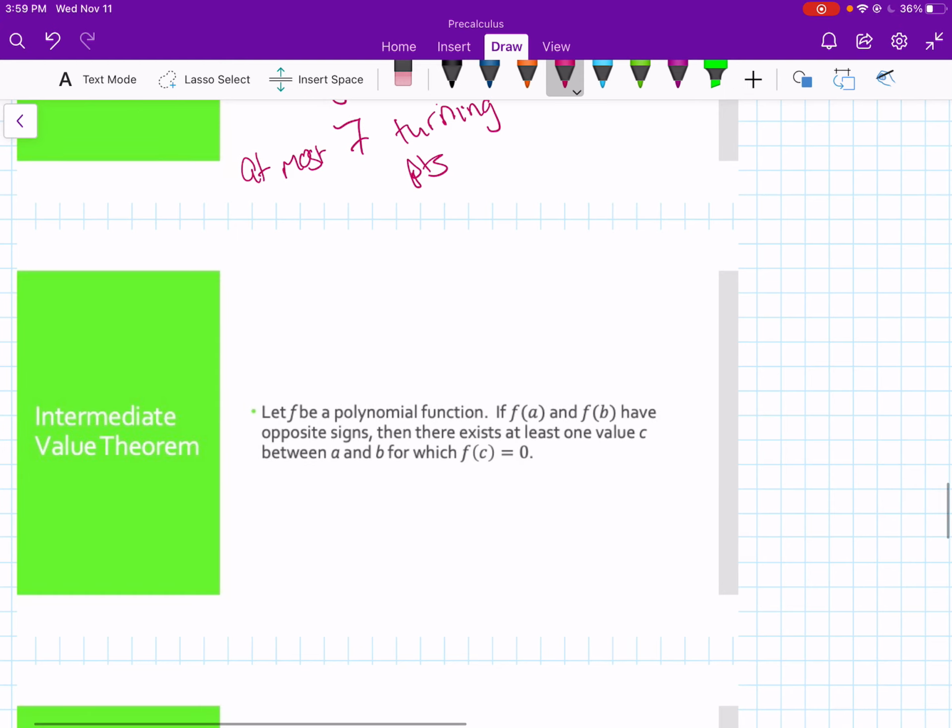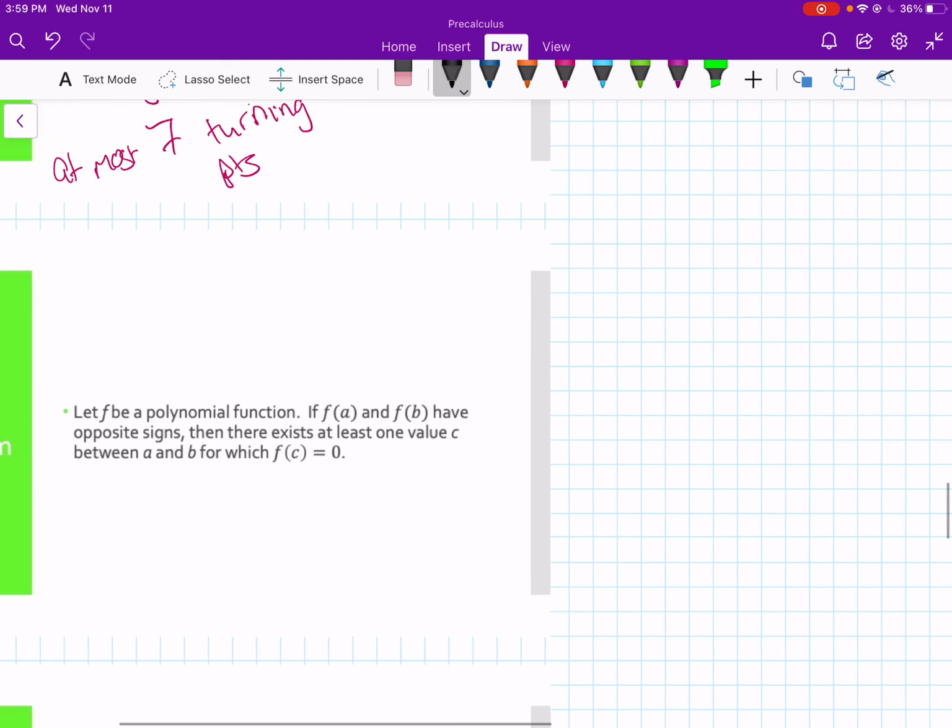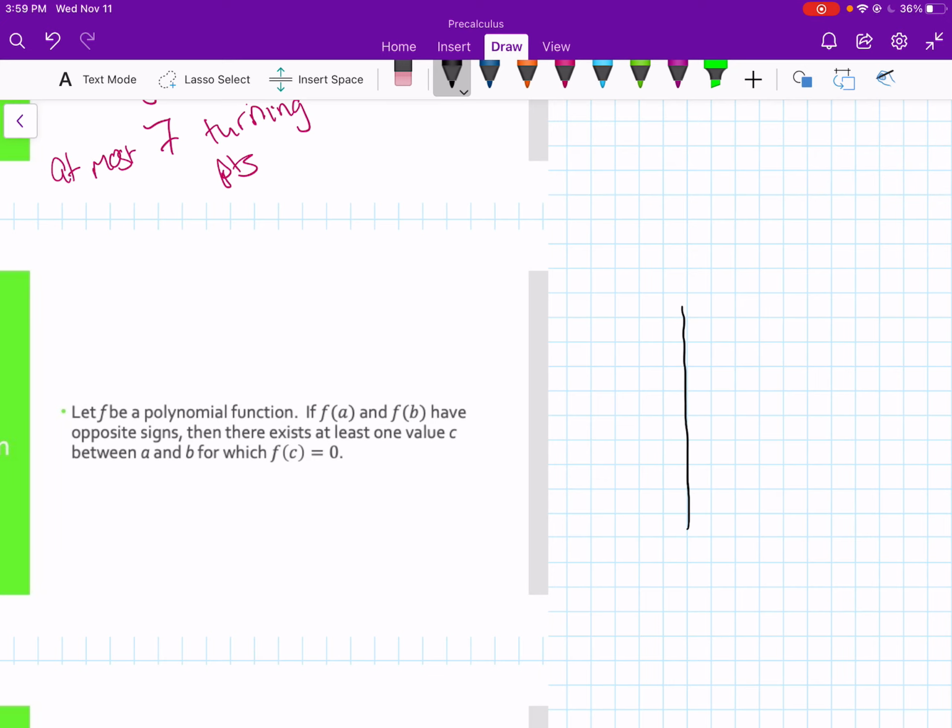So the intermediate value theorem says that if we have a polynomial function, and if we have 2 y values that have opposite signs, there has to be some value in between those that passes the x-axis. So what that basically says is that here we have our graph, and I know I have this point, and I know I have this point.